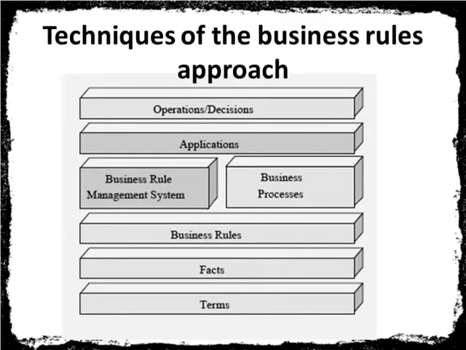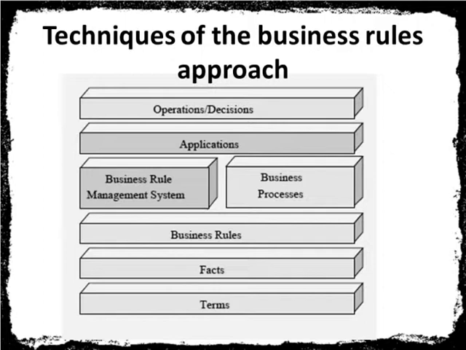In order for the business rule approach to function, there must be techniques for this business rule. So basically, the business rule starts by defining terms, which are well understood and well defined terms and words that describe business logic. Then, after these terms have been defined, we move to facts.